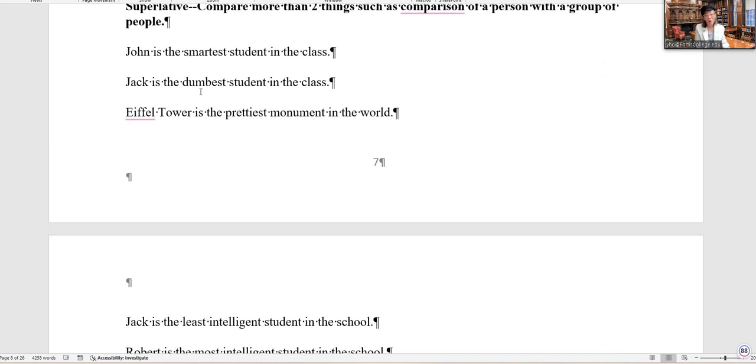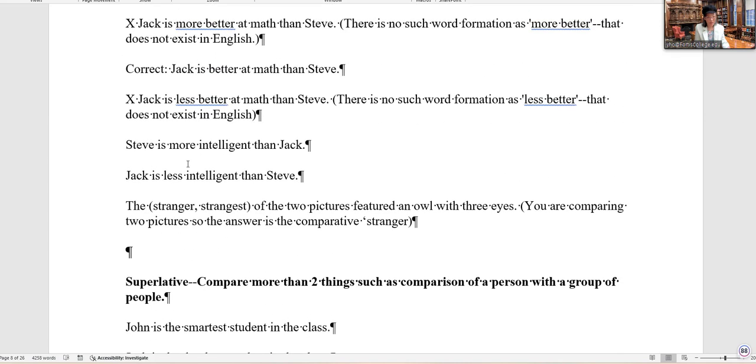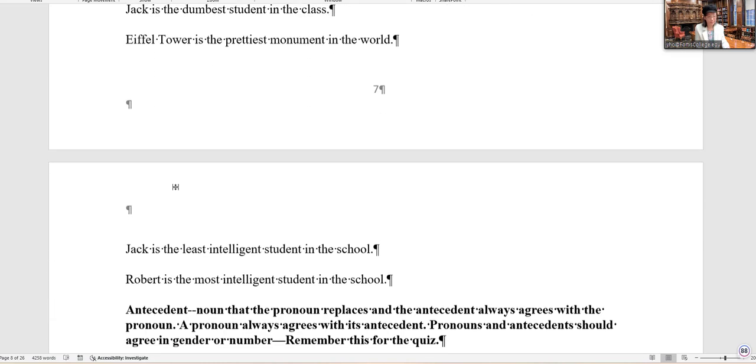So when you have one or two syllables, you can use EST, and with more than two syllables, you have to use least and most. Least and most signal that you have a superlative. And more or less signals that you have a comparative.